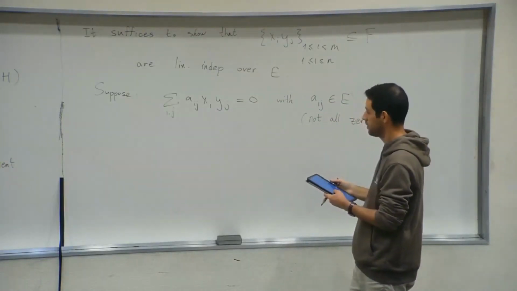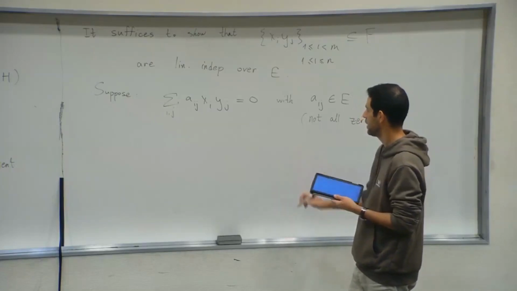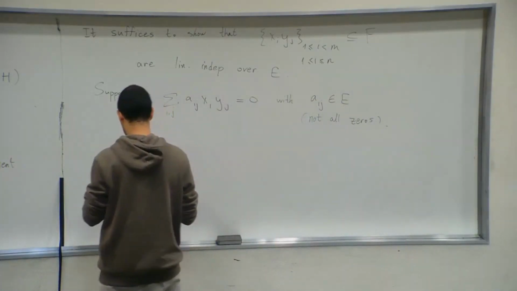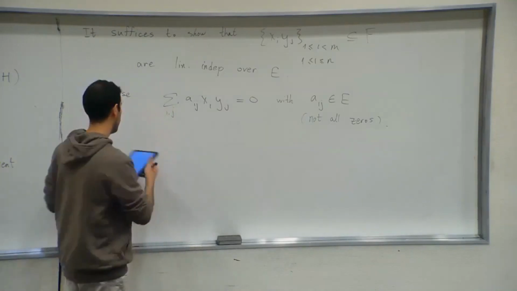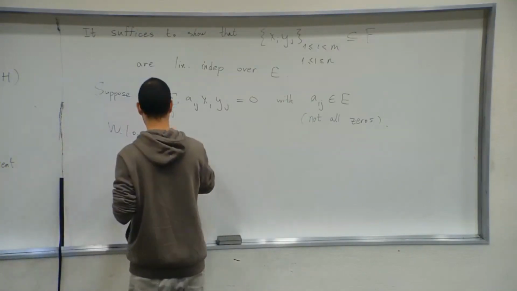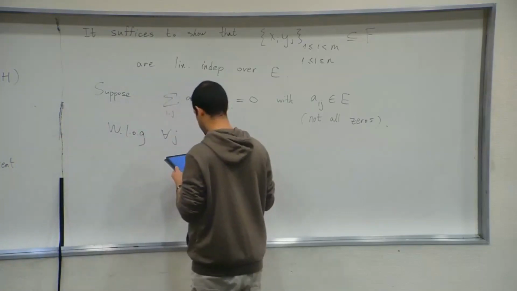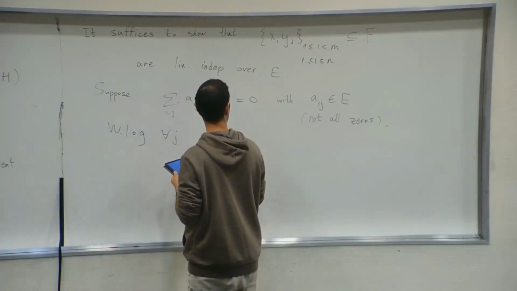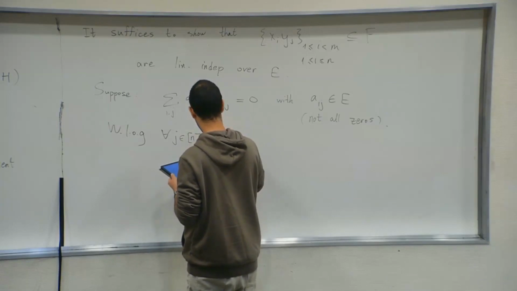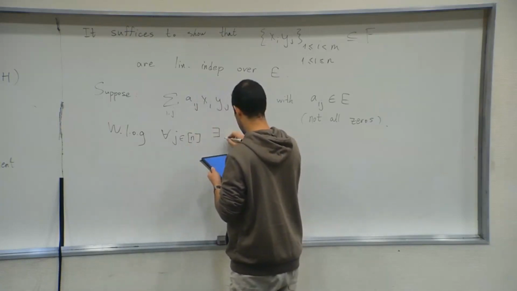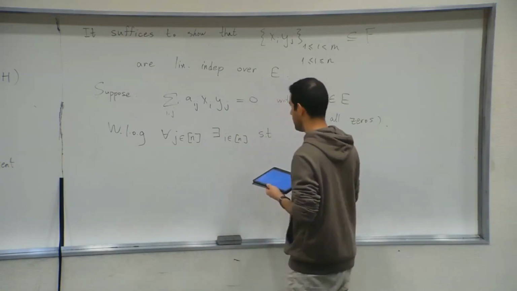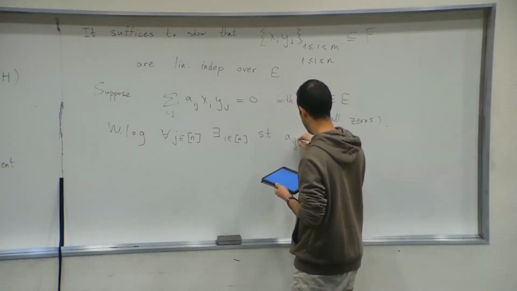We will see that we get a contradiction. So for every j, there is i, and a_ij is constant.